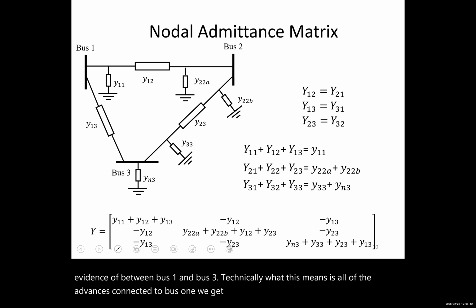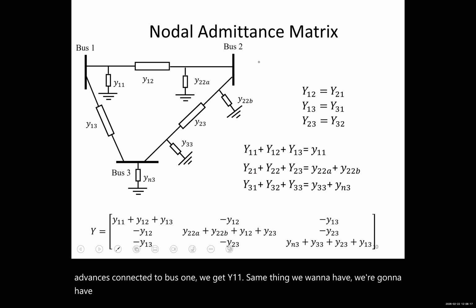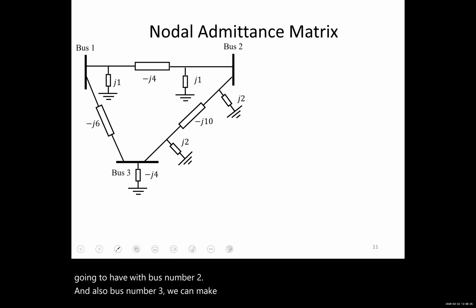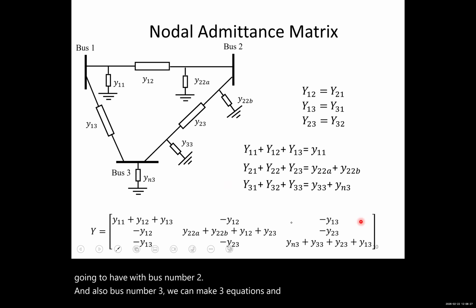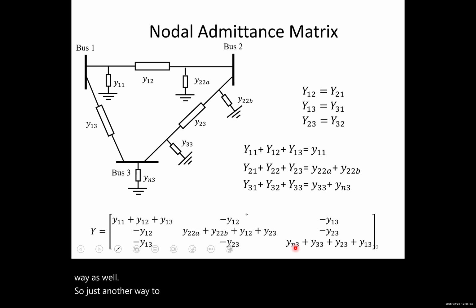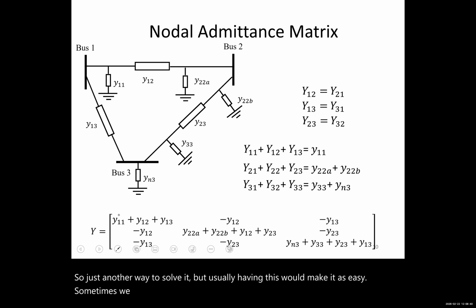Same thing we're going to have with bus number 2, and also bus number 3. We can make 3 equations, and we can simplify this in another way as well. So just another way to solve it. But usually having this would make it easy. Sometimes we need to change it and put different variables to make it a little simpler.